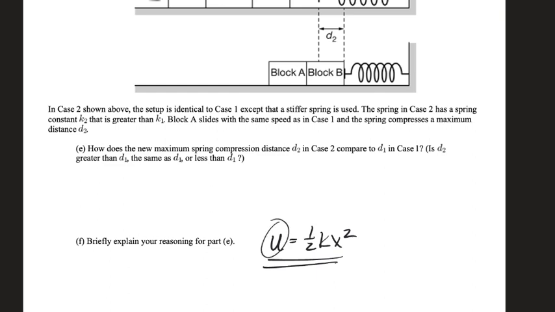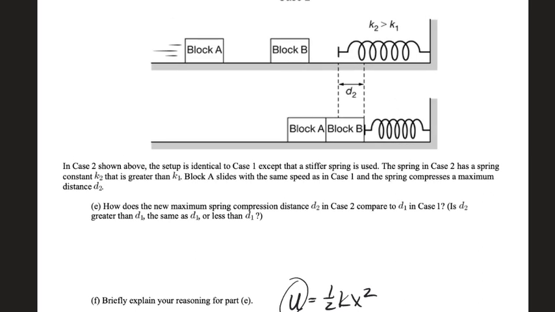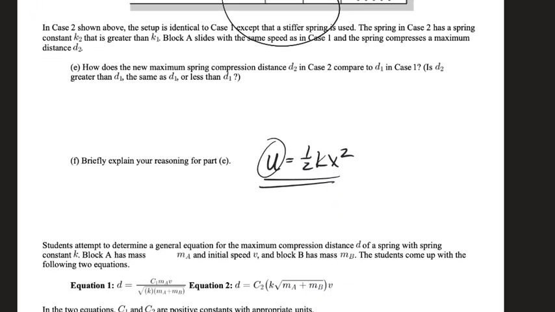Is the amount of energy the spring is going to store going to change? Is there anything about the collision that's different? Are the masses of the blocks any different? Velocity of the blocks any different? So the blocks have the same amount of energy when they hit the spring, which means the spring has to hold the same amount of energy.